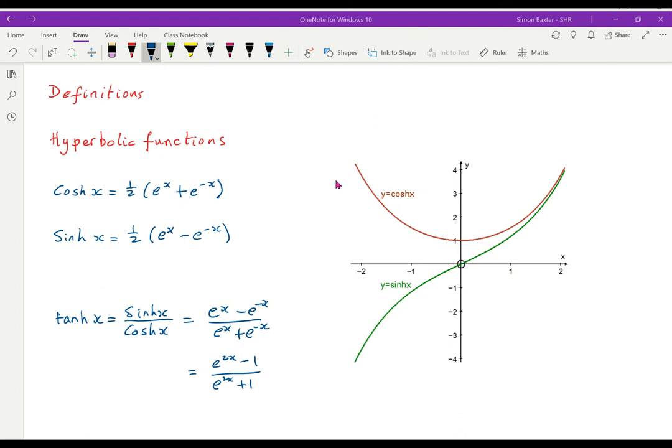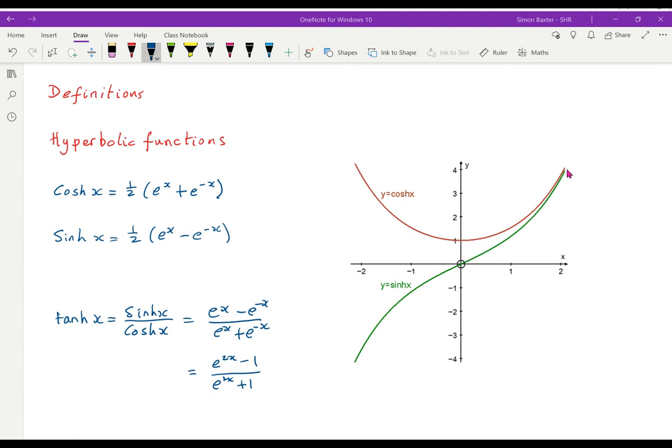Well, I hope you did pause the video. I hope you thought a little bit like this. Obviously, when x is 0, sinh divided by cosh is 0 over 1, which is 0. So tanh goes through that point there. What happens further up?